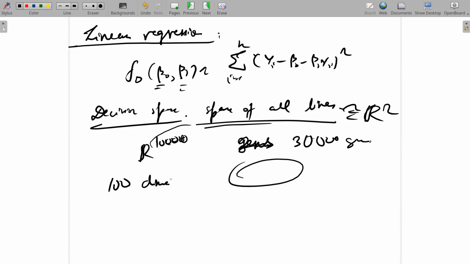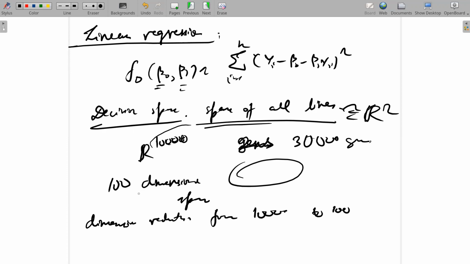So dimension reduction, like from 10,000 to 100. What this means is I want to choose the best 100-dimensional space in the 10,000 dimensional space based on some parameter.